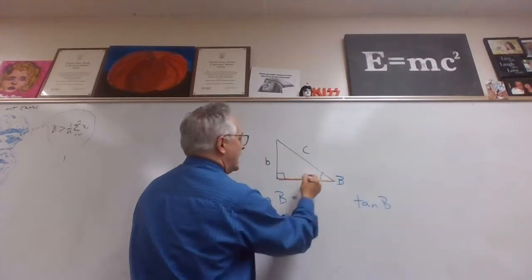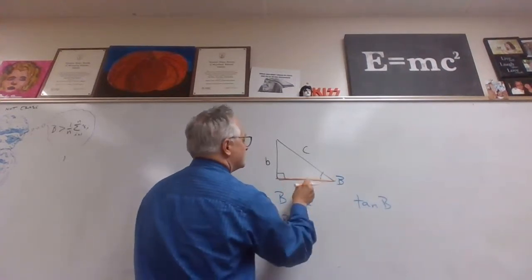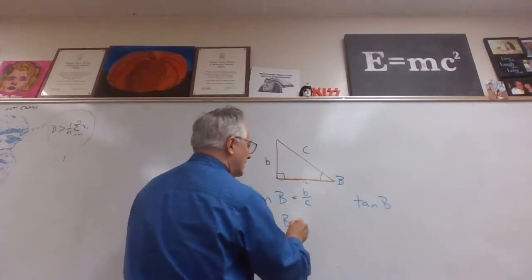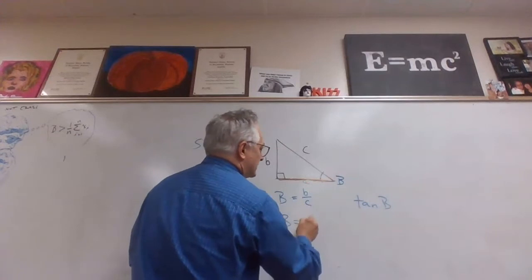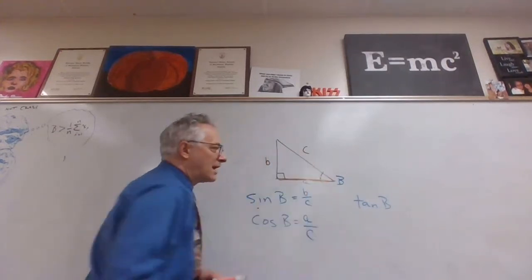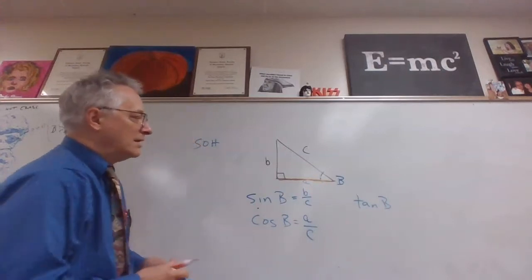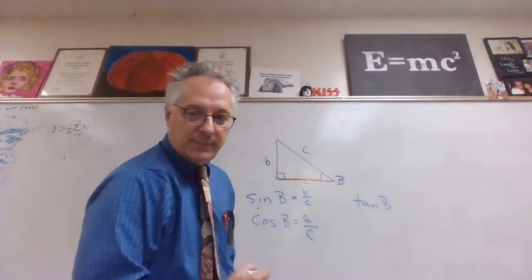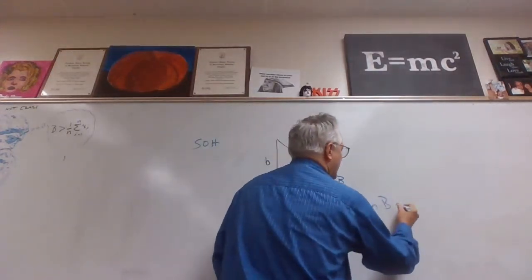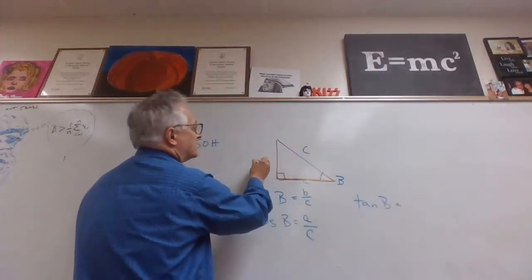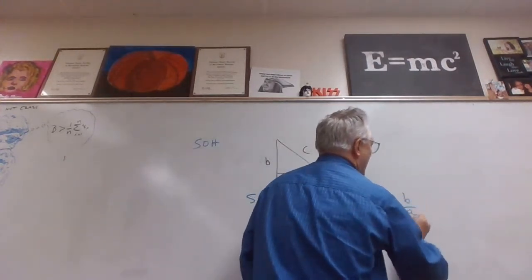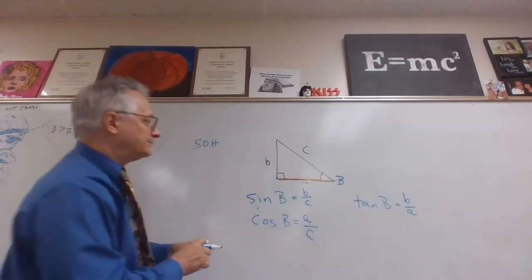That was side A. So the cosine of B is going to be the adjacent side over the hypotenuse. In this case, C is the hypotenuse. The tangent was the last trigonometric ratio that we are examining, and that's going to be the opposite over the adjacent, or B over A.